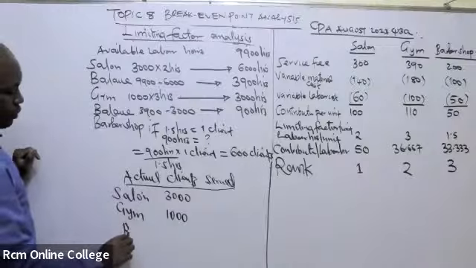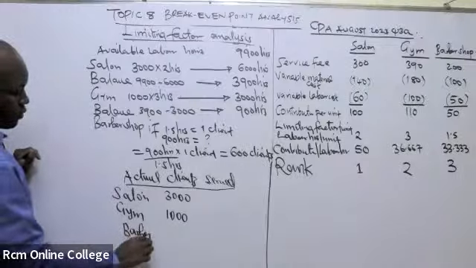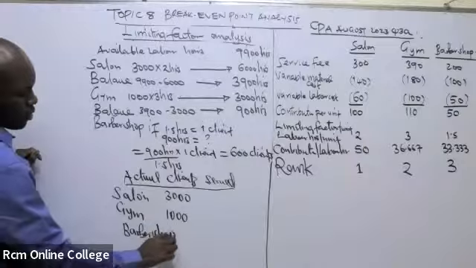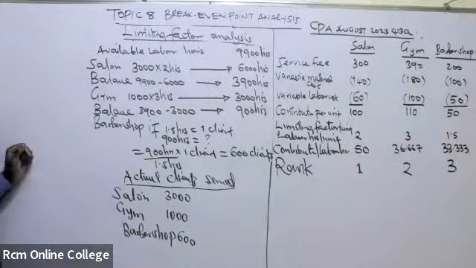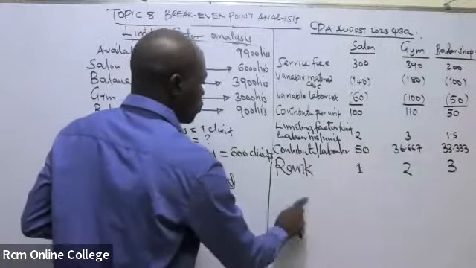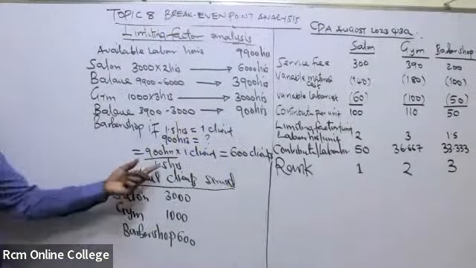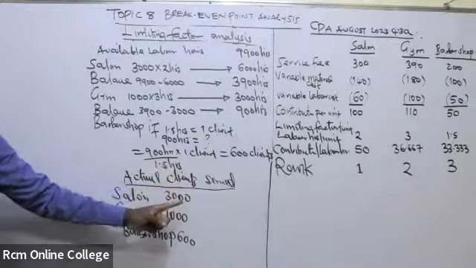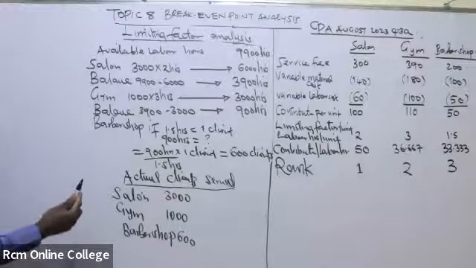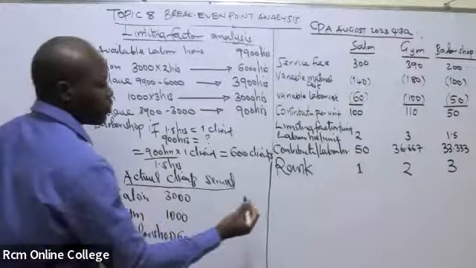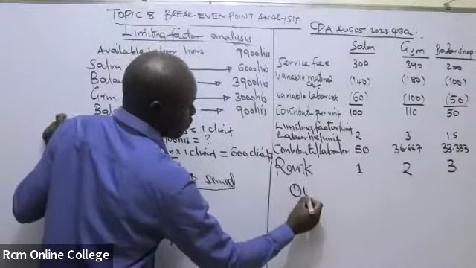In the barber shop, you will serve only 600 clients. Where will the remaining 900 go to? So the remaining 900 clients will automatically be taken to what we call outsourced.